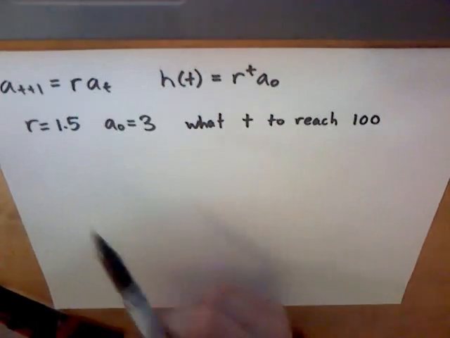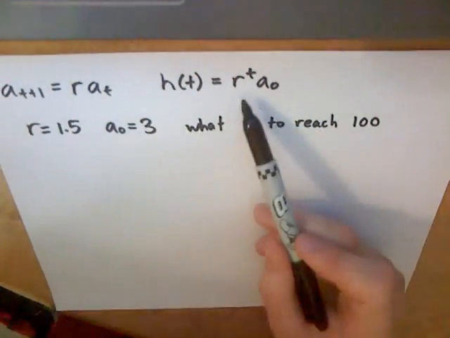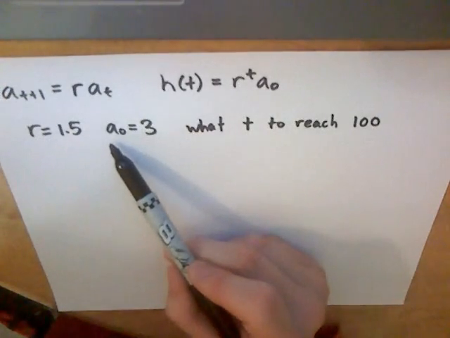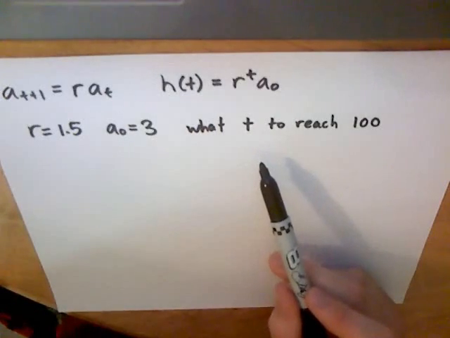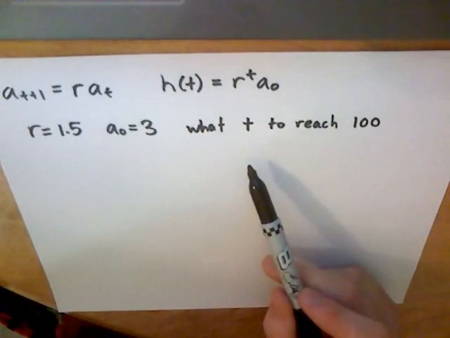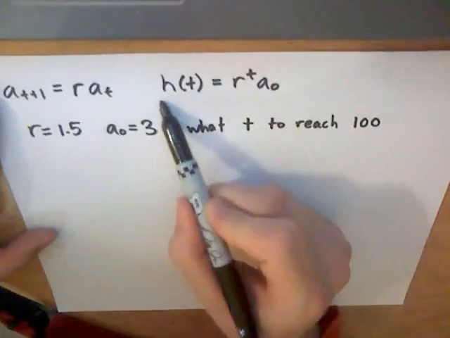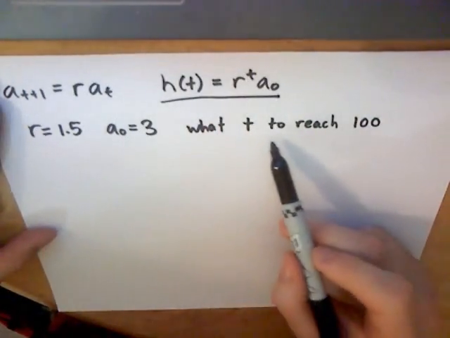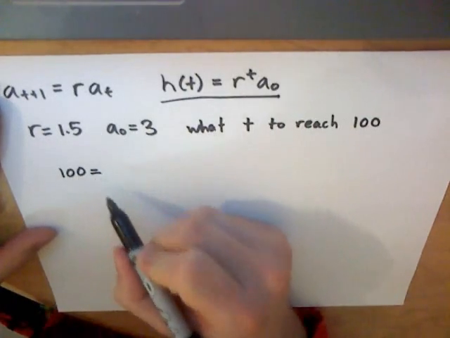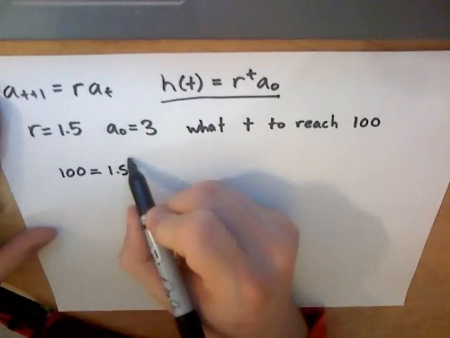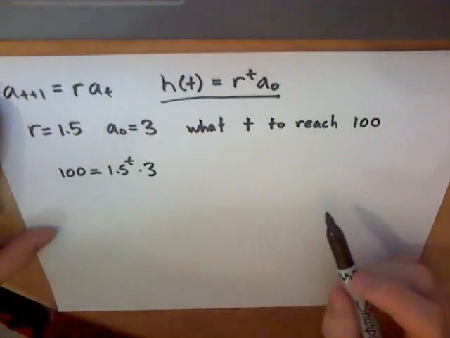Say we have the question where our per capita production is 1.5, which is the r in this equation, and our initial value is 3, and the question is: at what time in our DTDS do we reach 100? So we take this equation and set h(t) equal to 100: 1.5^t times 3, and we want to solve for t.